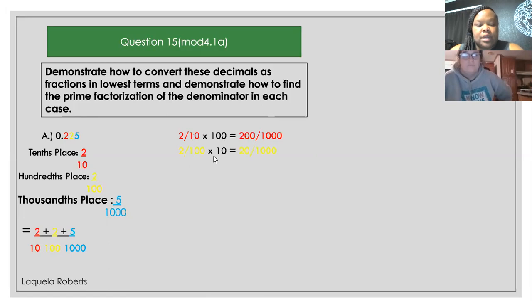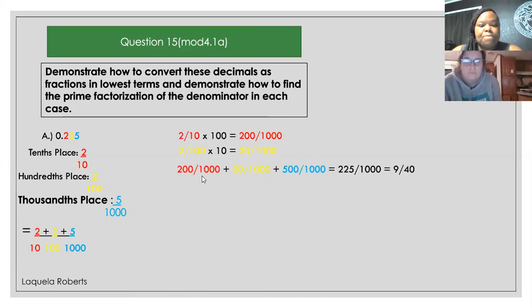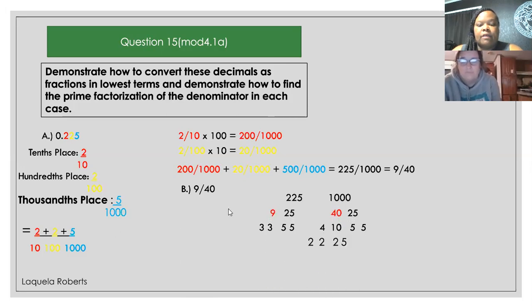2 over 100 times 10 equals 20 over 1,000. 200 over 1,000 plus 20 over 1,000 plus 500 over 1,000 equals 225 over 1,000. You reduce that and get 9 over 40. B, so 9 over 40 will be the 225 and the 1,000.